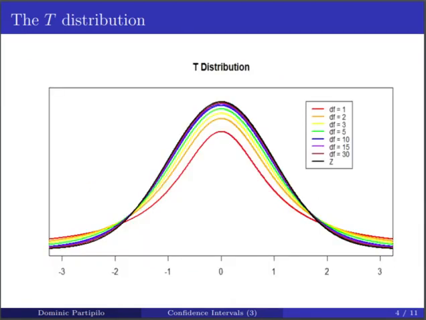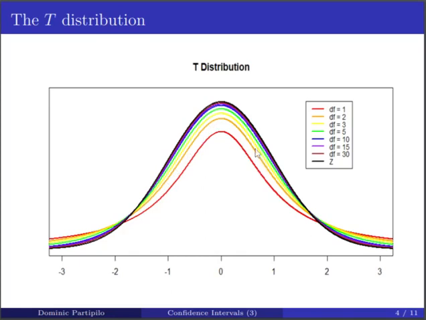So here is what the t-distribution is going to look like. So when our sample size is lower, let's say our sample size is 2, then our degrees of freedom is going to be 1, which represents this red t-distribution right here. And as we increase our sample size, let's say we increase it to 3, then the degrees of freedom will be 2, and that's going to make the t-distribution look like this orange curve here.